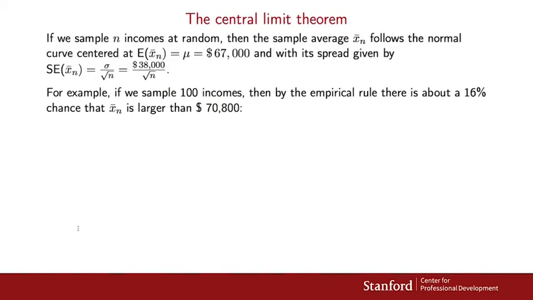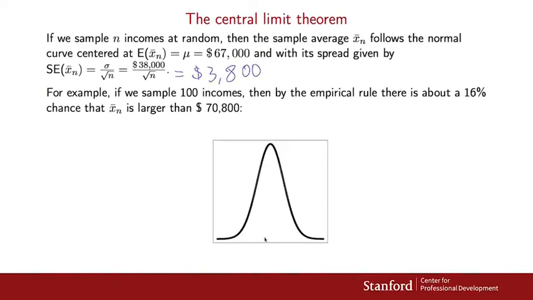For example, let's take 100 incomes. If n equals 100, then square root n is 10, and so the standard error is equal to $3,800. The central limit theorem says that the sample mean follows the normal curve centered at $67,000 with a standard error of $3,800.